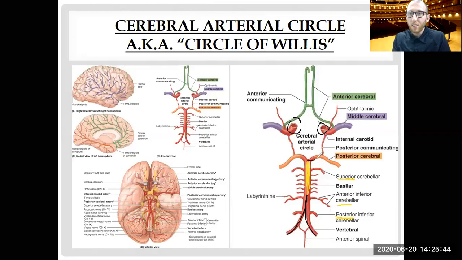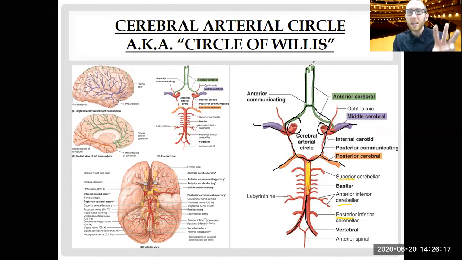But then notice how we've got the circle, not a perfect circle right here, but you can see the circle of Willis with the posterior cerebral coming off posteriorly, going to the occipital lobe, the middle cerebral going to parietal, frontal lobes, and temporal, and then the anterior cerebral up top.